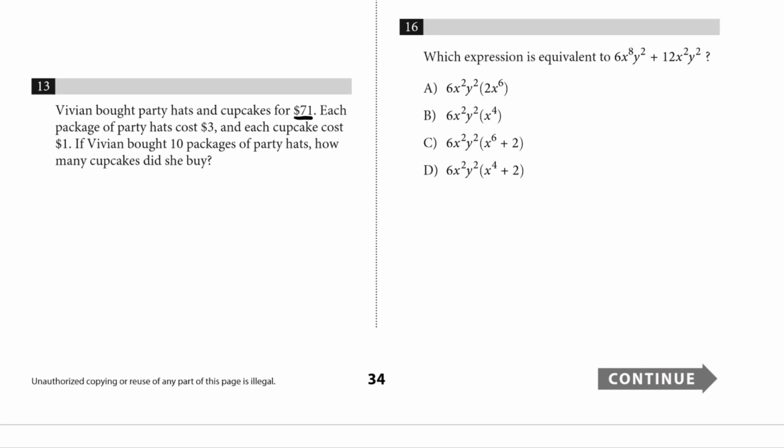We know that each package of party hats costs $3 times the number of party hats that she bought plus $1 times the number of cupcakes that she bought is going to equal $71 in total.